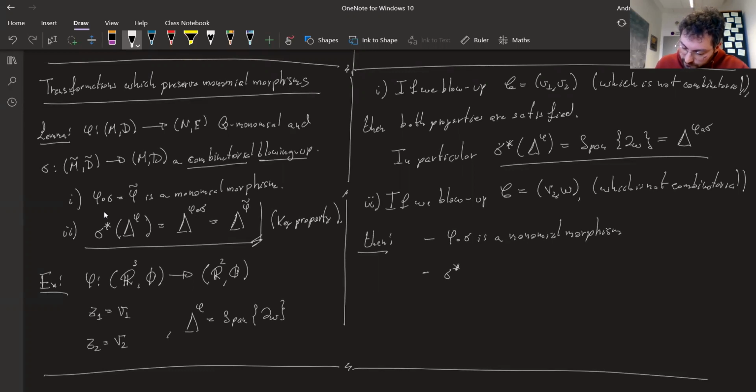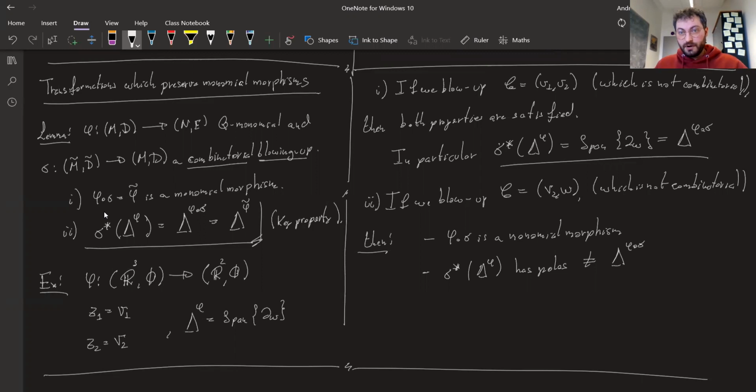But now this guy is going to have a pole, has poles. And so it's different from the composition. So the second property fails. So we might make blowings up that preserve the first property, but not the second. And one could present also examples, I won't do it just to move forward, but one can also present examples where the blowing up preserves the second property, but not the first.